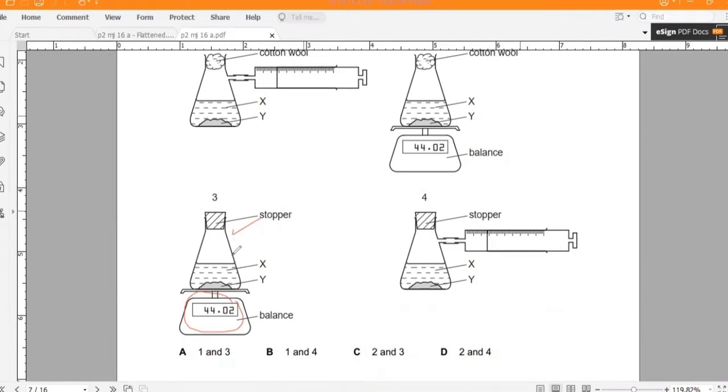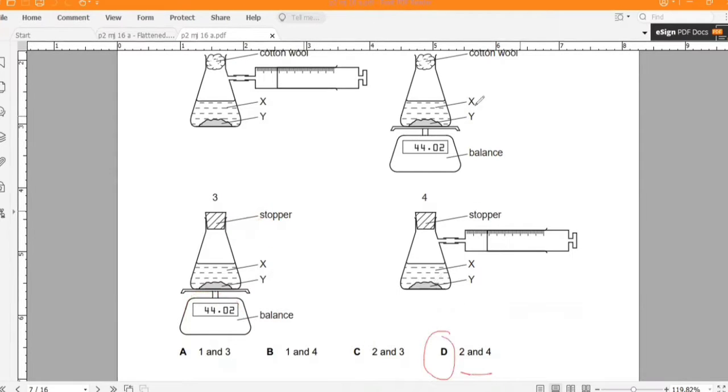So you cannot measure the proper one as the stopper is attached. That means it has to be somewhere open so that you can find the changes of the masses. So that is why it is also not reliable. That means option C is also not correct. That means there is a chance of option D only.